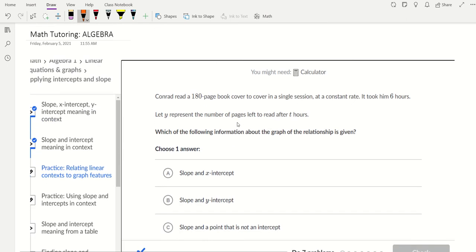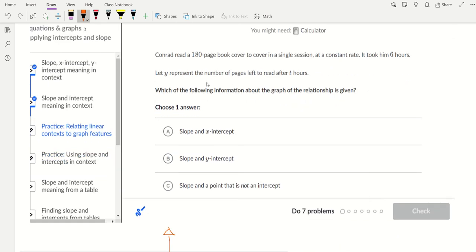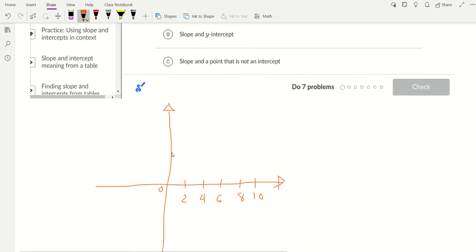And here I have 180 pages. So I'm going to do intervals of 40. So 40, 80, 120, 160, 200.